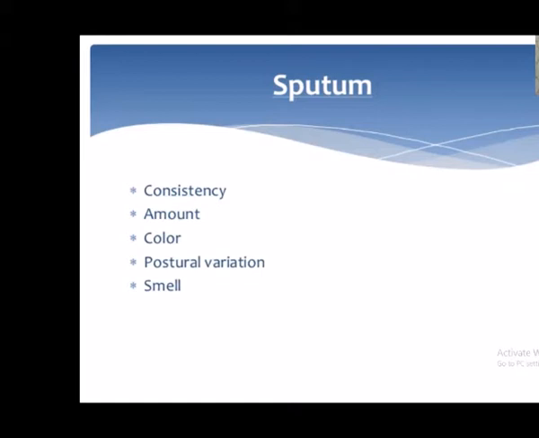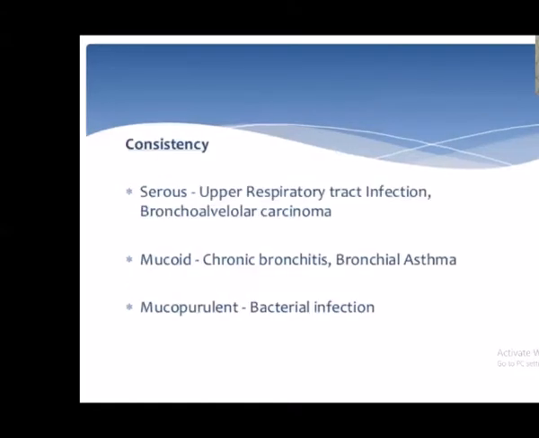So if it is productive, you have to ask about the sputum: the consistency, the amount, the color, the postural variation, and the smell. For instance, consistency: serous type, like saliva, is usually seen in upper respiratory tract infections, and another one, bronchoalveolar carcinoma. It's now called mucinous adenocarcinoma, no longer bronchoalveolar carcinoma.